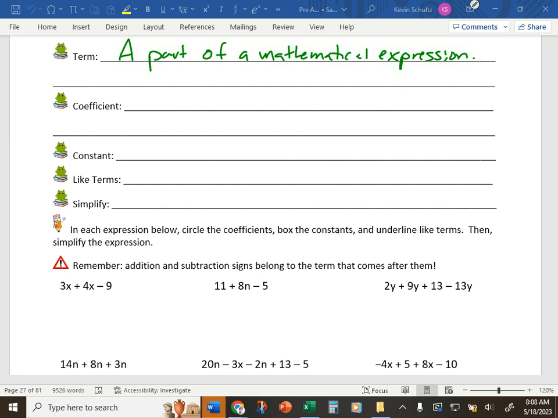So I'll write it in red so it stands out. Terms are separated by addition or subtraction. That's the big thing there. Okay, terms are separated by addition or subtraction.